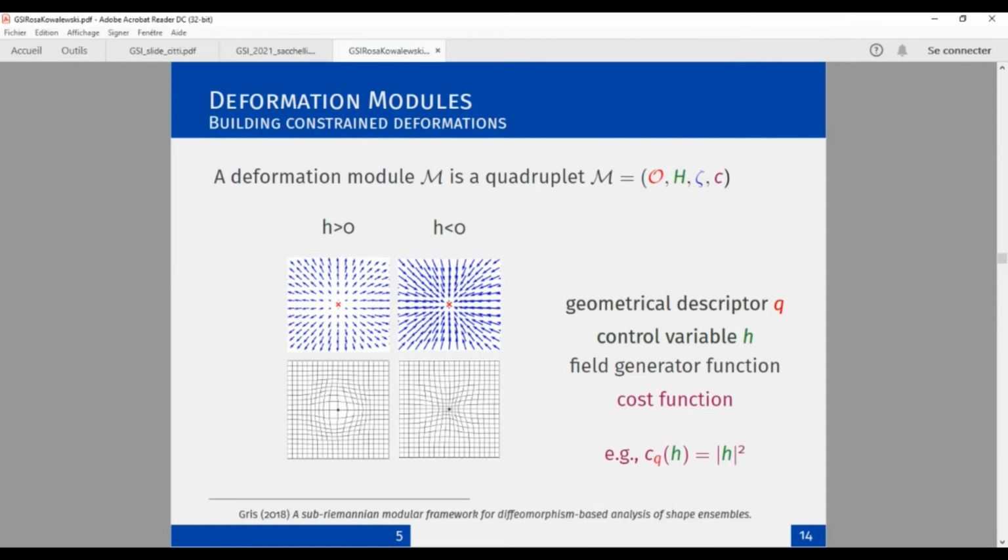Then finally, the cost function defines the cost of the deformation depending on the geometrical descriptor and the control variable. It is defined as a Sub-Riemannian metric on the shape space. We can, for example, choose the square norm of h for our scaling.